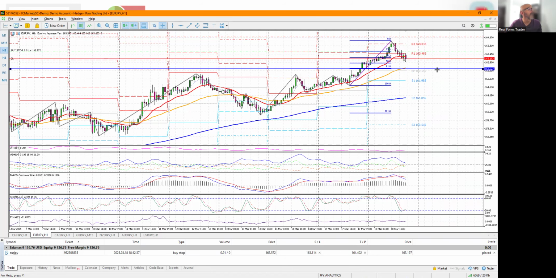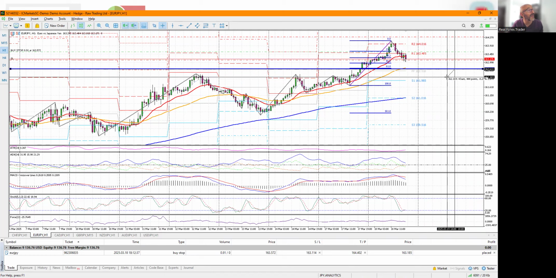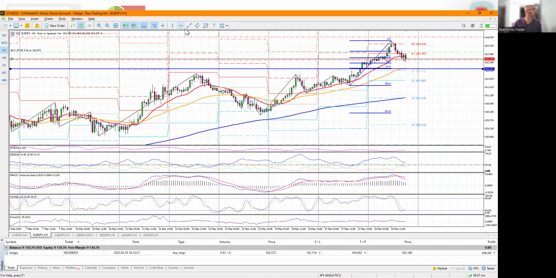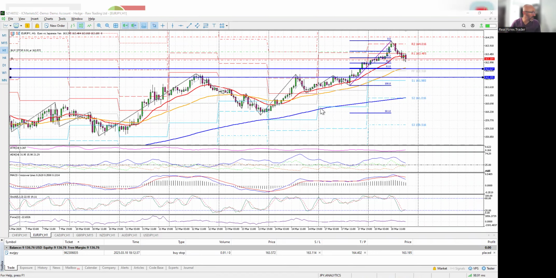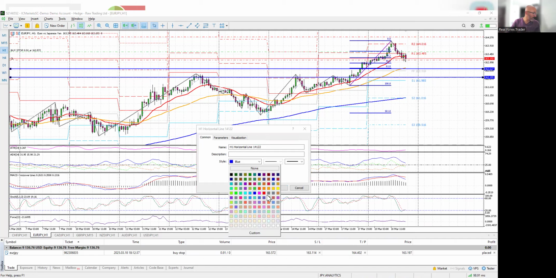I set it right here on my entry, drag my crosshair tool down to 45, which is around here, 162.155. So that is my 45 pips for my stop loss.